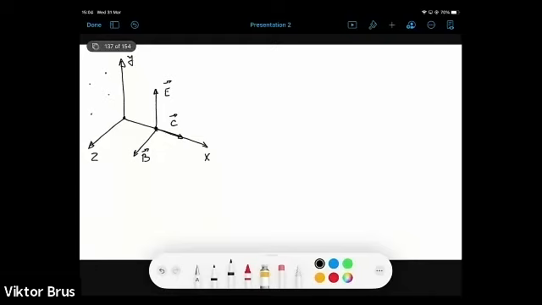Also necessary to mention that the electric field vector and magnetic field vector are functions of coordinate x and time. So they do not depend on coordinate y or z.